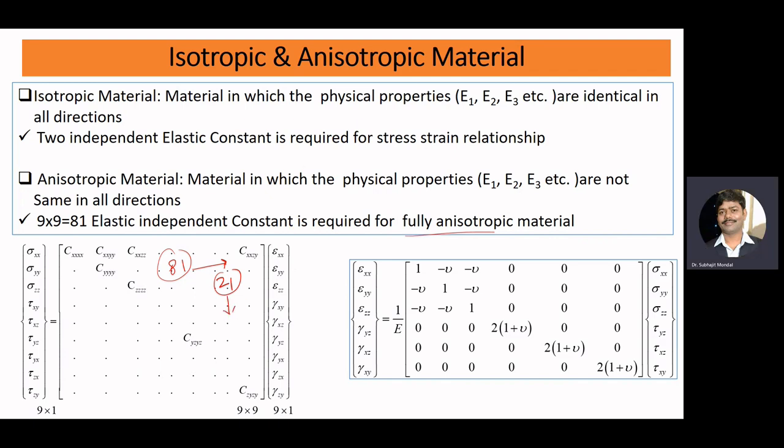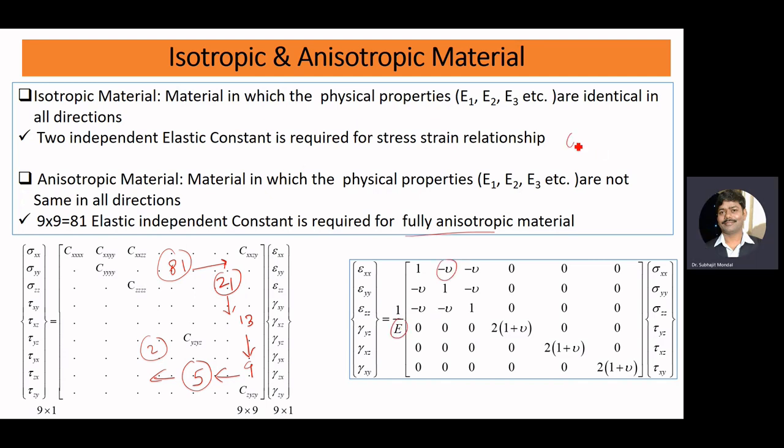And if you consider a monoclinic material, where we have one plane of symmetry, we have 13 elastic constants. Now, if we consider an orthotropic material, then we have 9 elastic constants. If we consider a material which is transversely isotropic, then we have 5 elastic constants. And if you consider our isotropic material, then it has a total of 2 elastic constants, that is your E and mu.